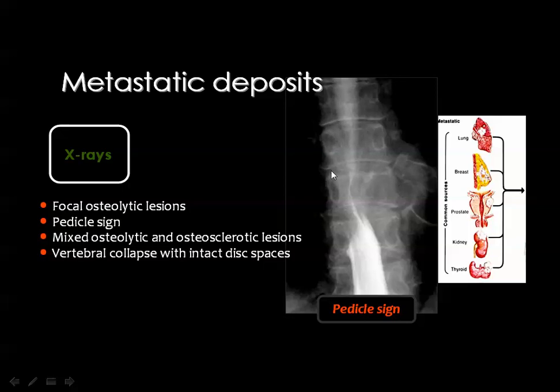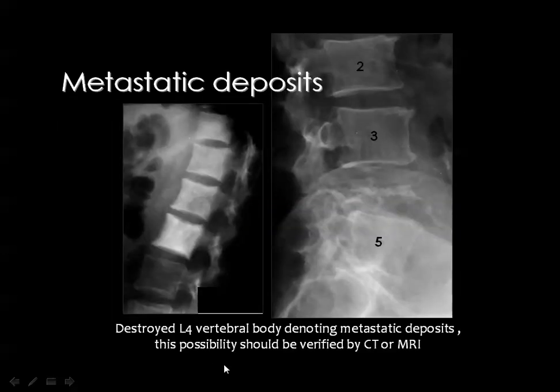But in this particular vertebra, you see the pedicle on the right, but the pedicle on the left is not there. And this is highly suggestive of metastatic deposit, especially if you see, at the level of the affected vertebra, a paravertebral soft tissue component.